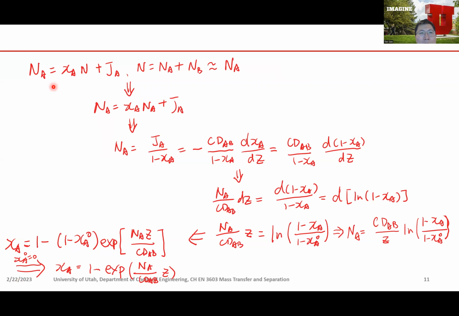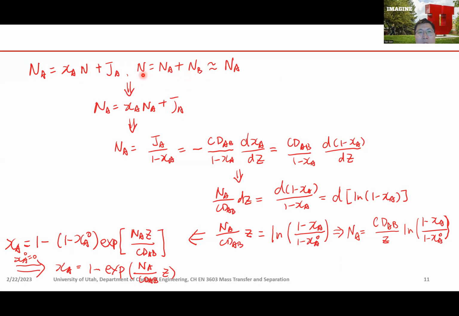Okay, so now we can start from the total mole flux equation. That is, the total mole flux of A is made of the convective flux and the diffusive flux. And the convective flux is the mole fraction of A multiplied by the total mole flux, right? Now, we just derived that NB is 0.